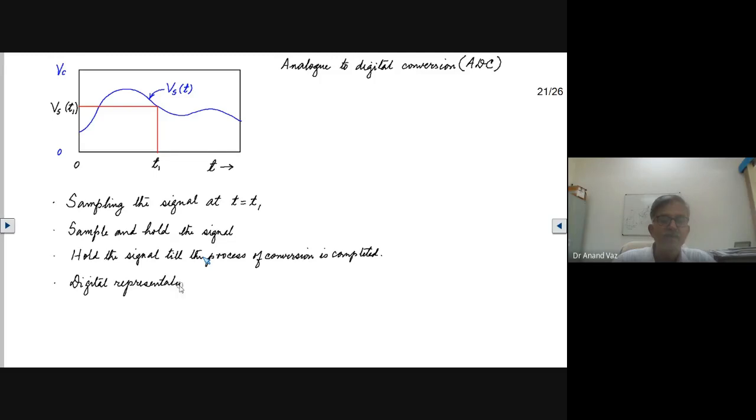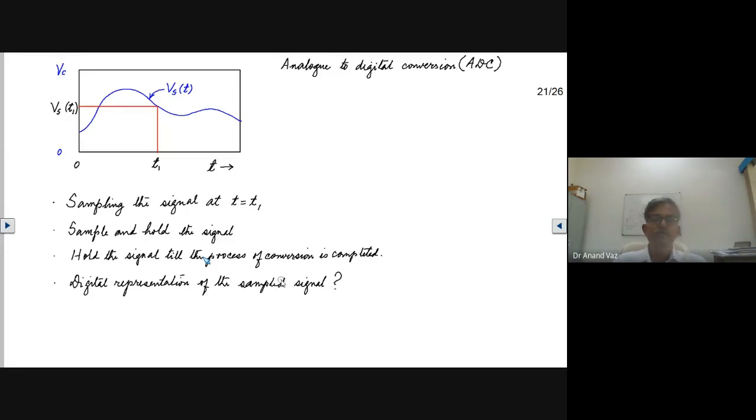How do we specify it? And here is where the crux of the problem lies. The digital representation of the sampled signal. How do you do this?